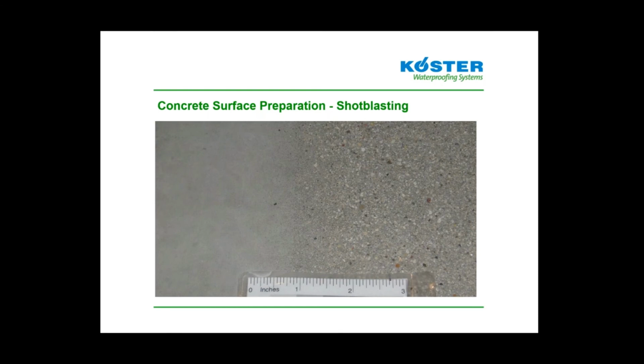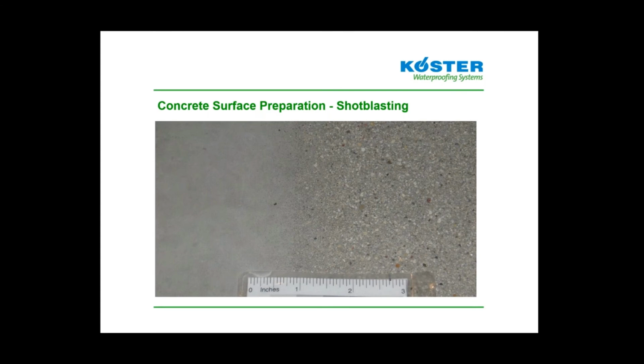If we were to install one of our coatings over the floor on the left side, that troweled concrete surface, we may not get very much bond at all because there's not much room for mechanical bond and there's not much penetration into the concrete, based on a profile or roughness that doesn't exist on the left in a normal smooth troweled floor.